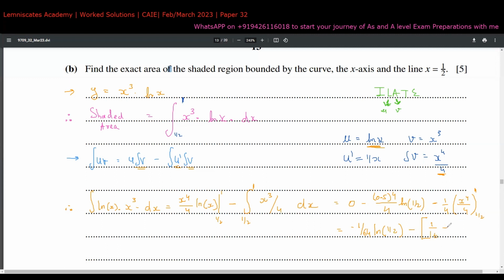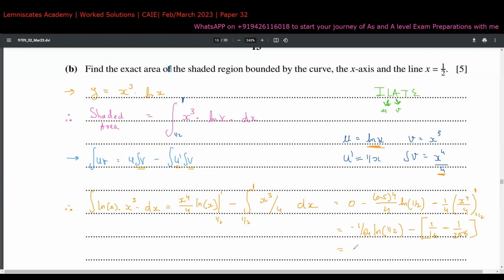And then we are having minus of 1 by 4 into x power of 4 by 4, which is nothing but 1 by 64. So what is 1 by 4 into 1 by 64? That comes out to be 1 by 256. Now if you solve this, what is 1 by 16 minus 1 by 256? That comes out to be 15 over 256.